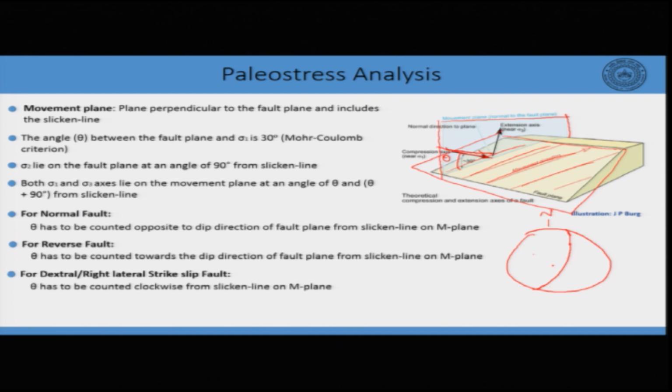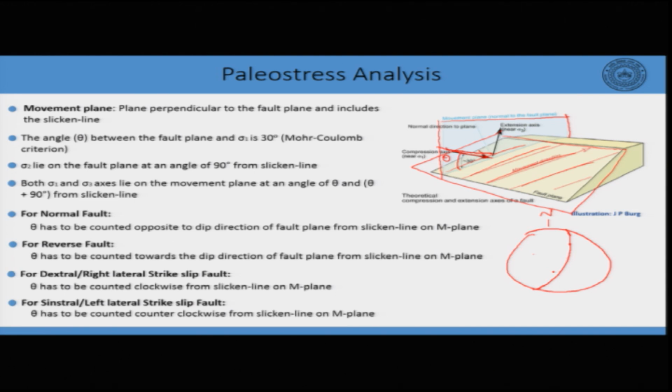For a dextral or right lateral strike slip fault, theta has to be counted clockwise from the striation on the M plane, and for a sinistral or left lateral strike slip fault, theta has to be counted counterclockwise from the striation on the M plane.